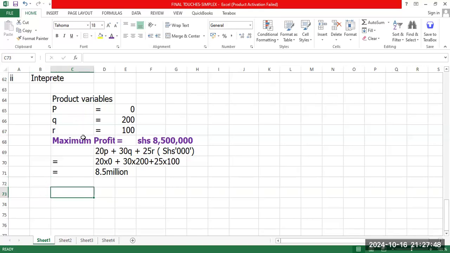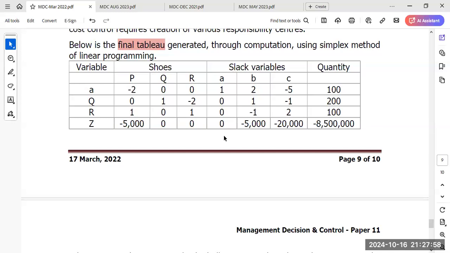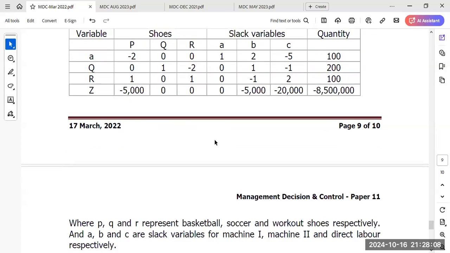Then another thing you need to do, because interpreting you're just trying to talk about this table. Now you have known how many products, or how many shoes, can be produced to achieve the maximum profit. What else? You can talk about slack variable.